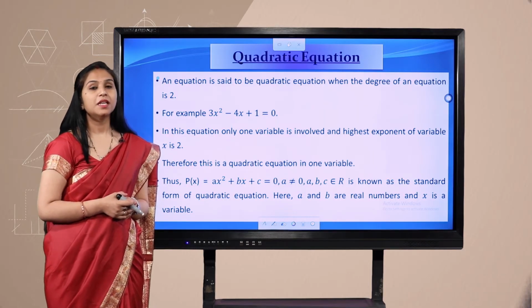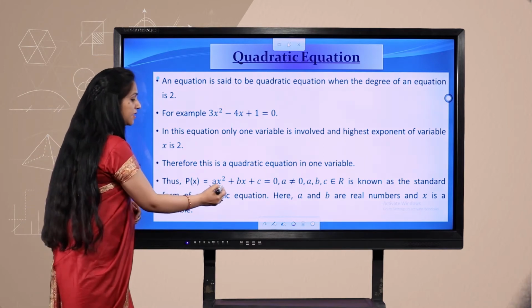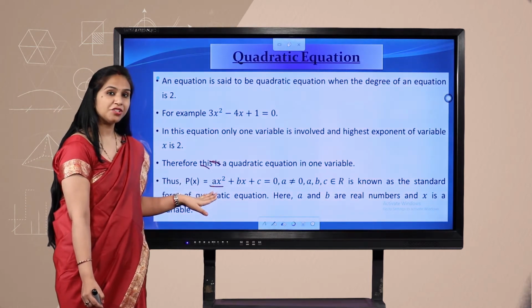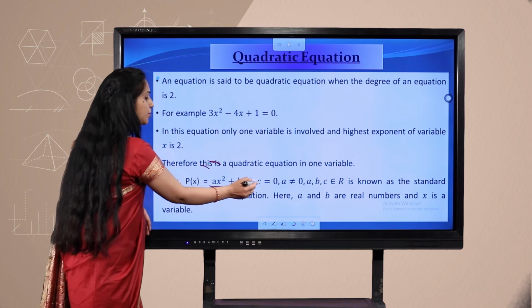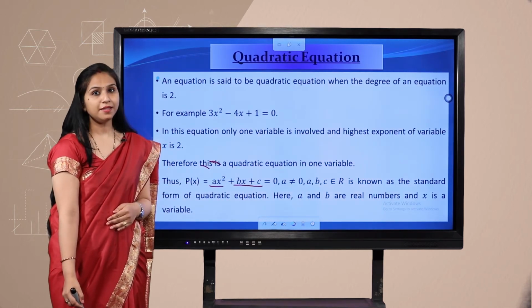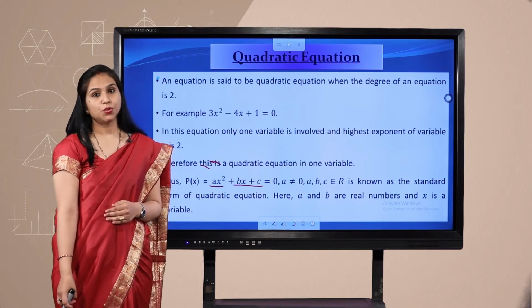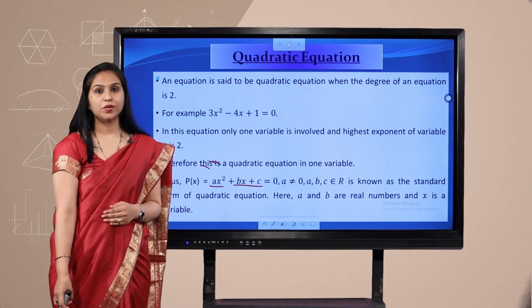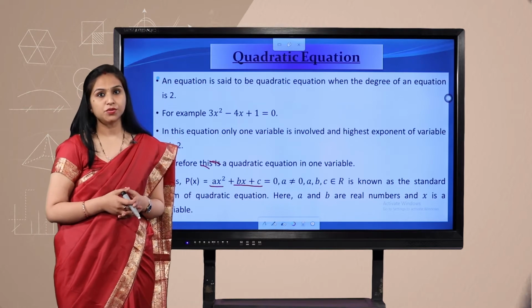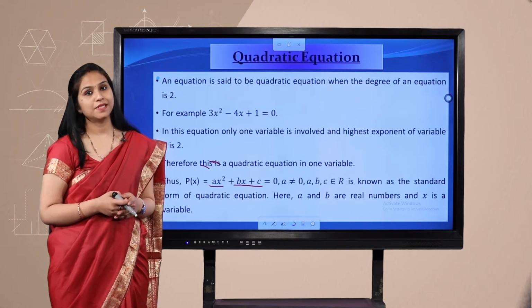Remember, here a cannot be equal to 0, because if a becomes 0, then this term of the quadratic equation vanishes and your equation is reduced to bx plus c equals to 0, and in that case this equation reduces to a linear equation. So, in the standard form of a quadratic equation, ax square plus bx plus c equals 0, the coefficient of x square will not be equal to 0.